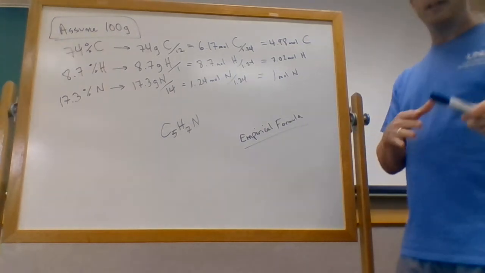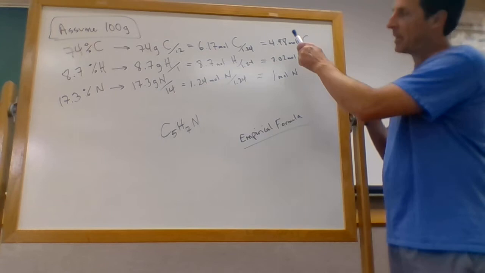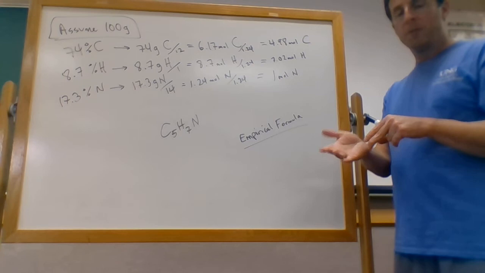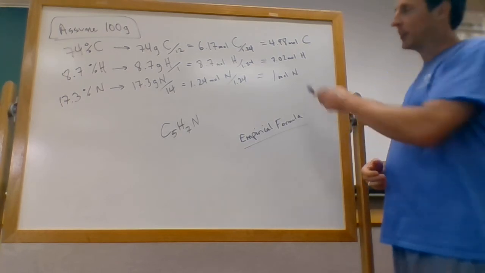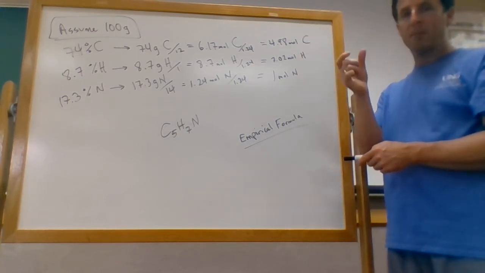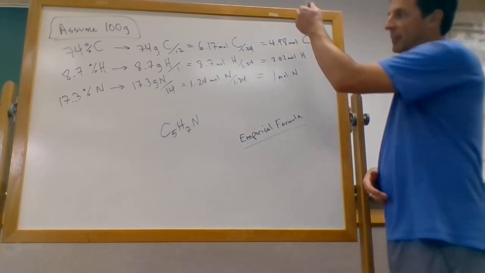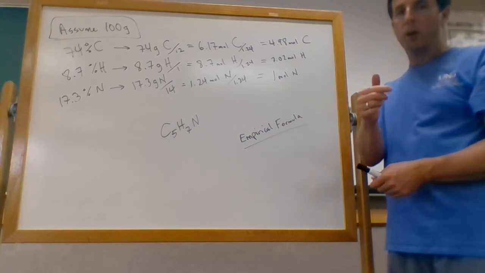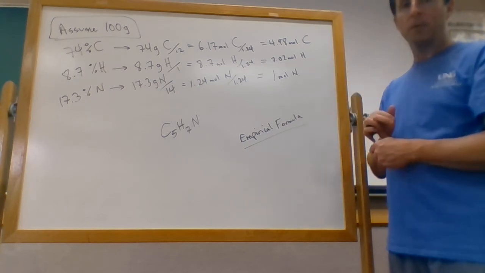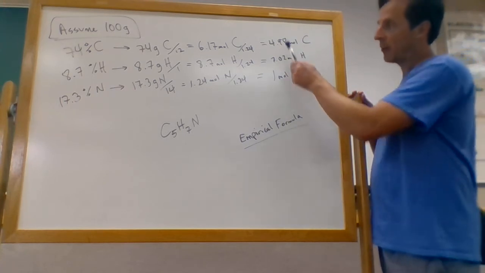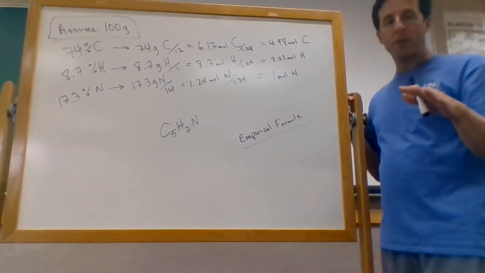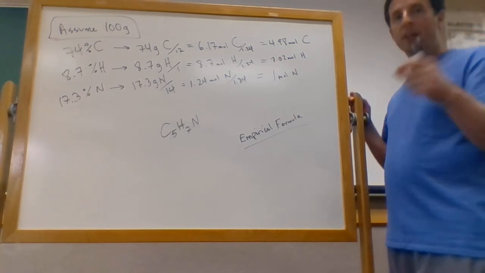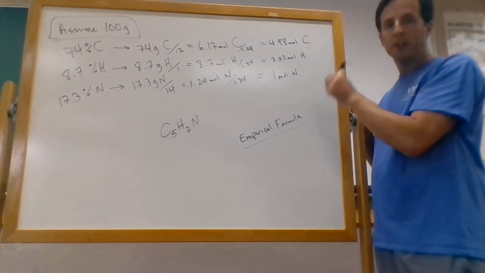But the only extra step you might have is if any of these came out really close to 0.5. If you remember when we learned balanced equations, if you get the right ratio of everything but something has a 0.5 beside it, all you have to do is go back and double all of them, and that'll make the 0.5 become a whole number. If one of them is really close to 0.33, then you recognize, oh, that's 1/3, and you have to go back and triple all the numbers to get them to whole numbers.